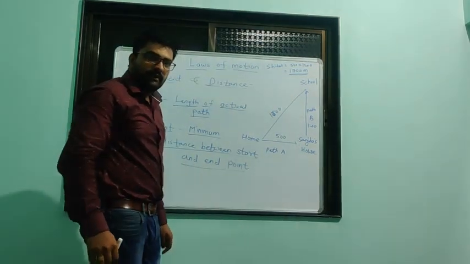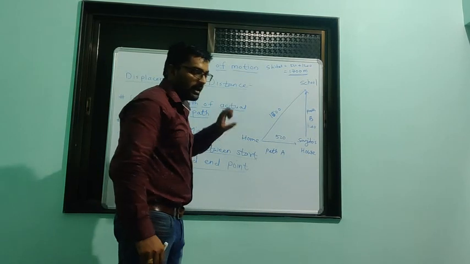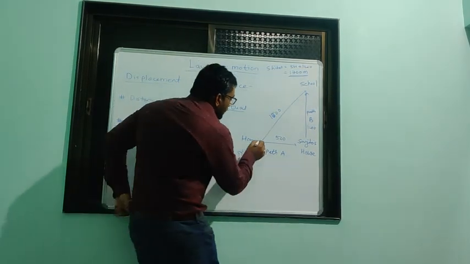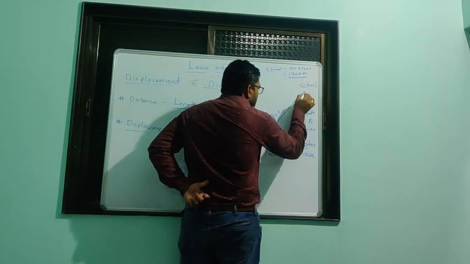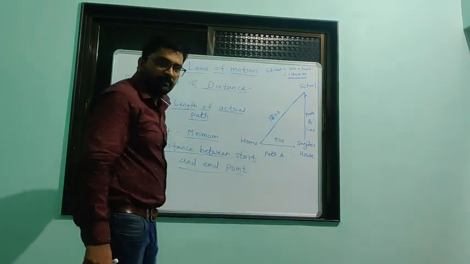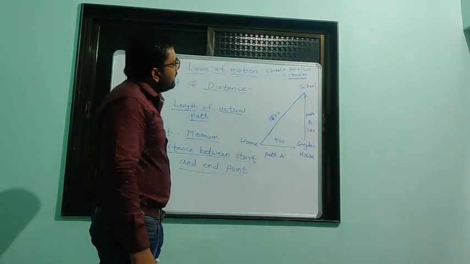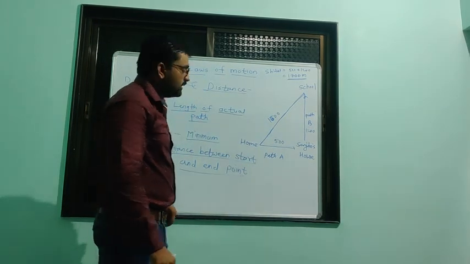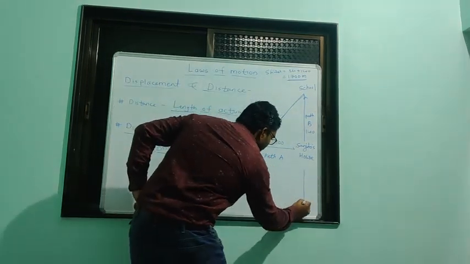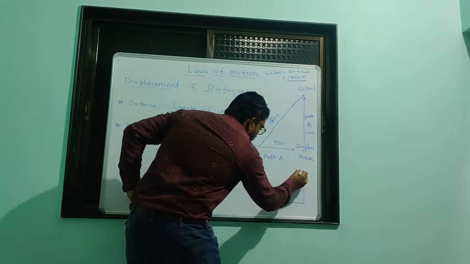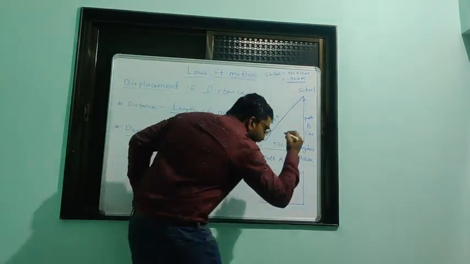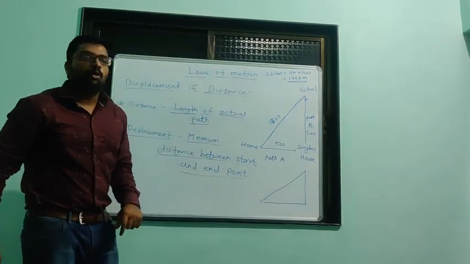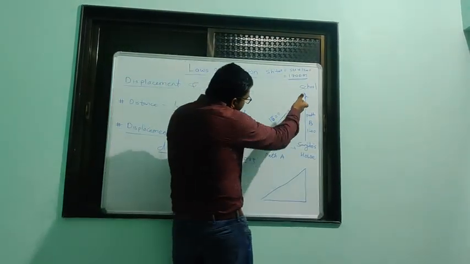And his brother Prashant also starts from the same house, but he follows the minimum distance path, the nearest, shortest path. He goes by this diagonal path. If we apply the Pythagoras theorem here, because we can form a right angle triangle like this, we can find this distance.